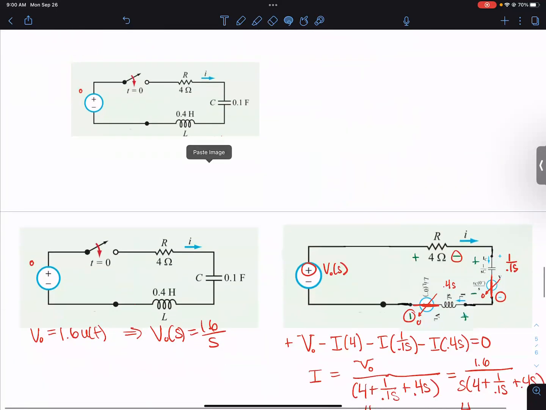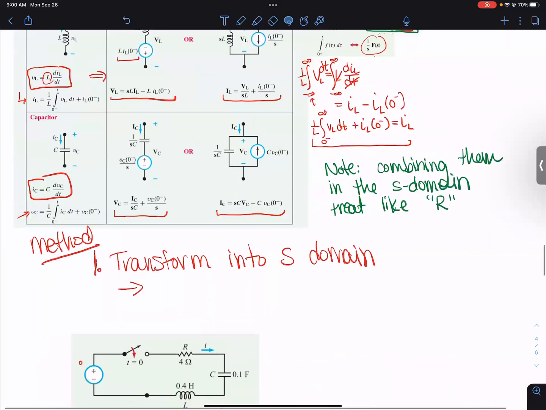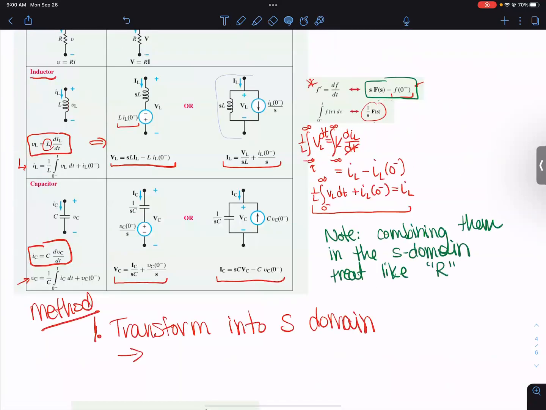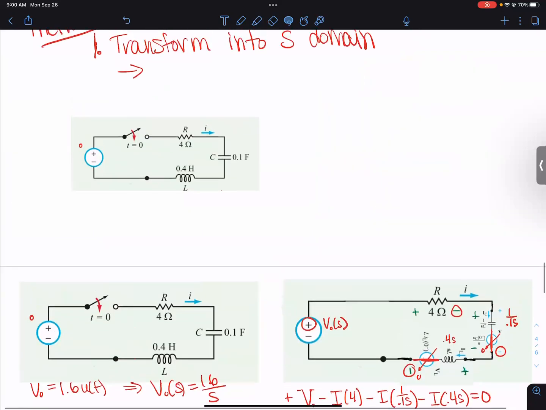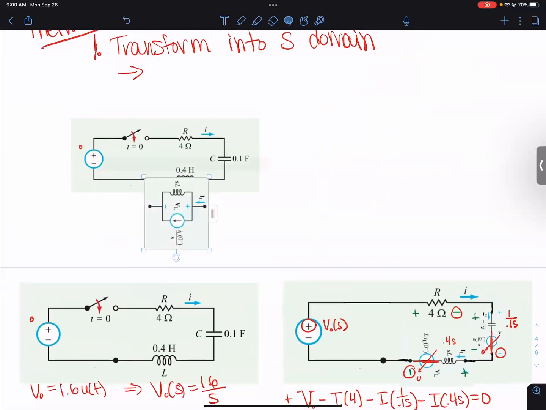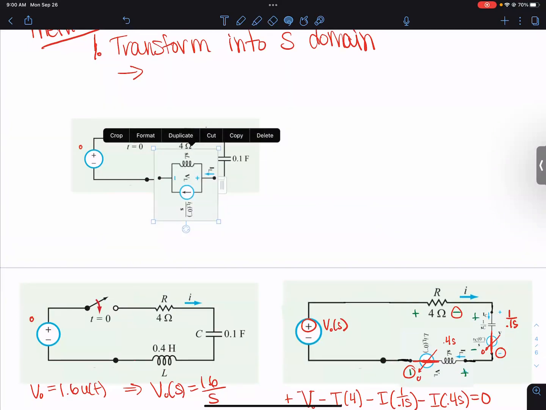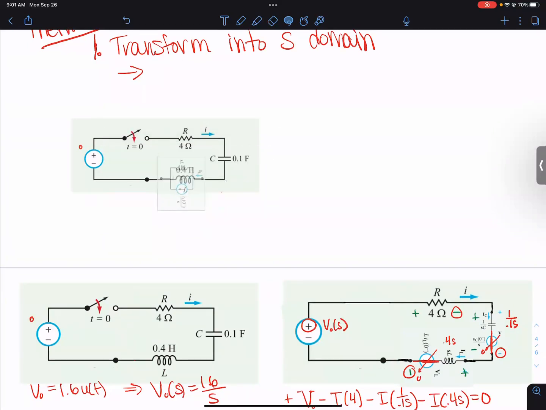So if that was the case, the circuit would have looked like this.